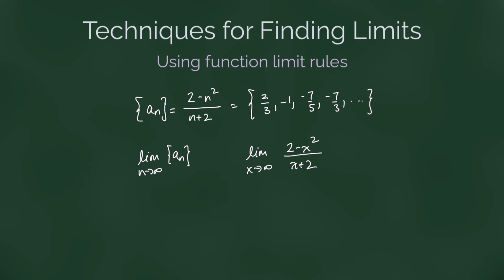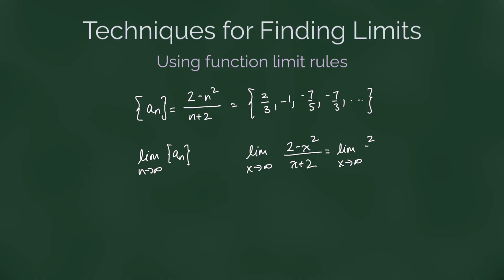In particular, we can divide by x on both the top and the bottom, which gives us the limit as x approaches infinity of (2 over x minus x) all over (1 plus 2 over x).